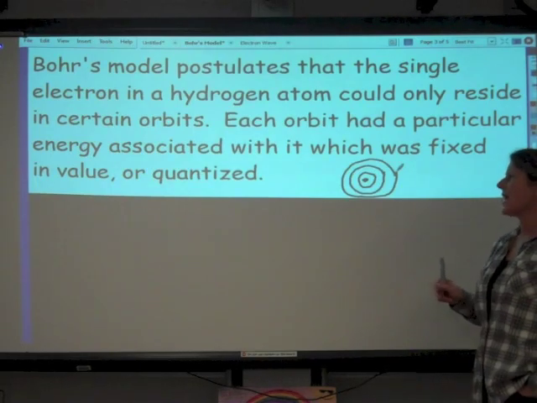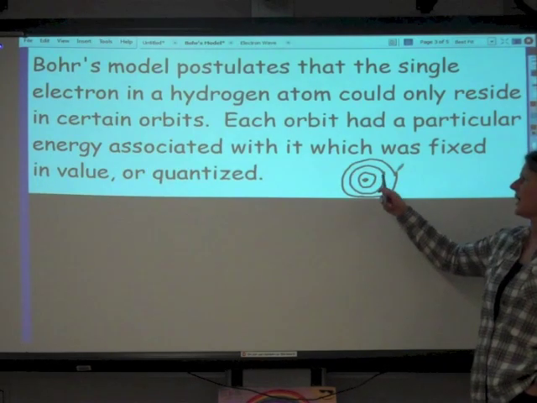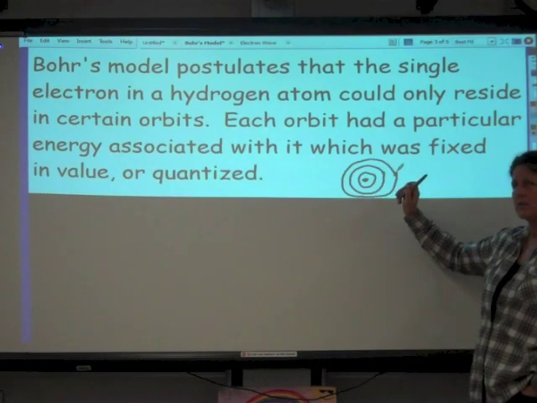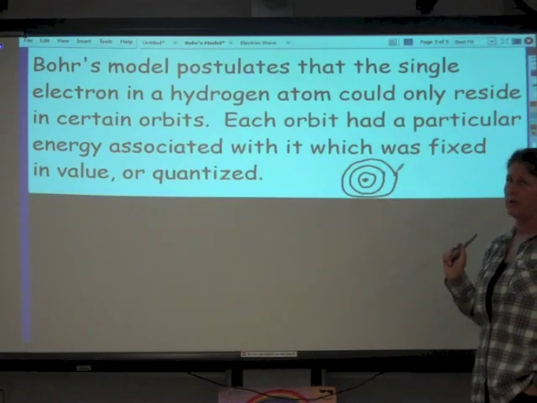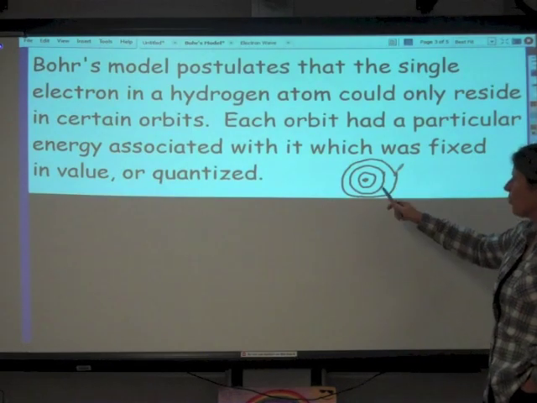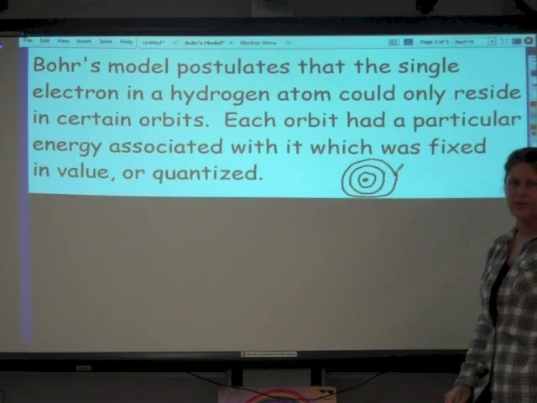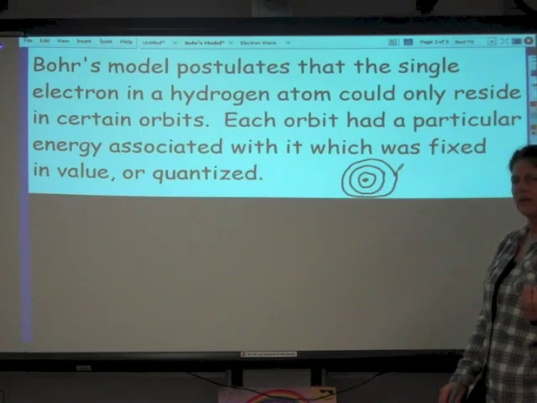And what he's saying is that electrons can inhabit this orbit, or this orbit, or this orbit, but in order to inhabit these, they have to possess a certain amount of energy.